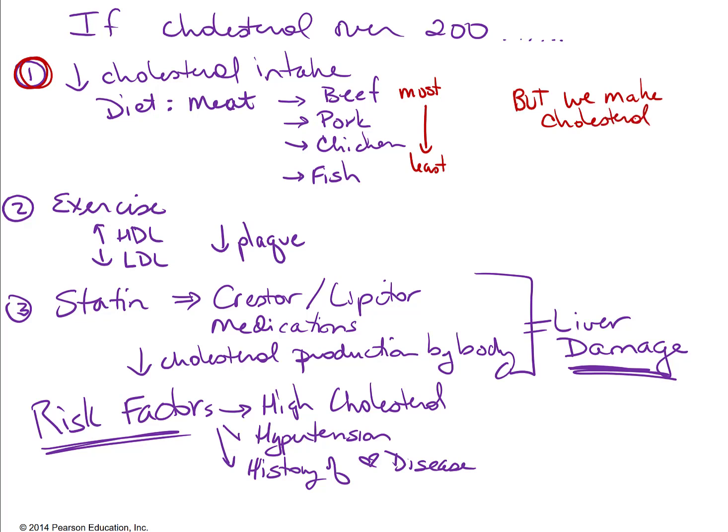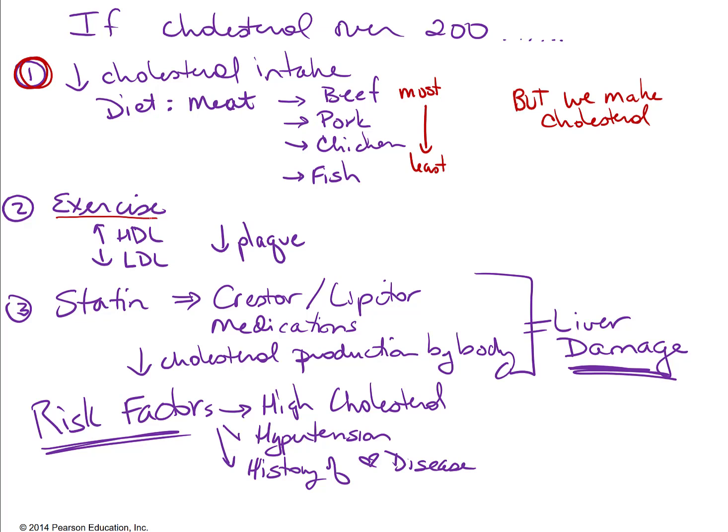So the next one is to try and decrease the effects of this increase in cholesterol. The best way to do that is with exercise. And it's not like you have to go out and start running marathons or anything like that. They have actually shown that 30 minutes of exercise every day can begin to increase HDL numbers because the muscle cells are saying, hey, we're having to generate more energy.